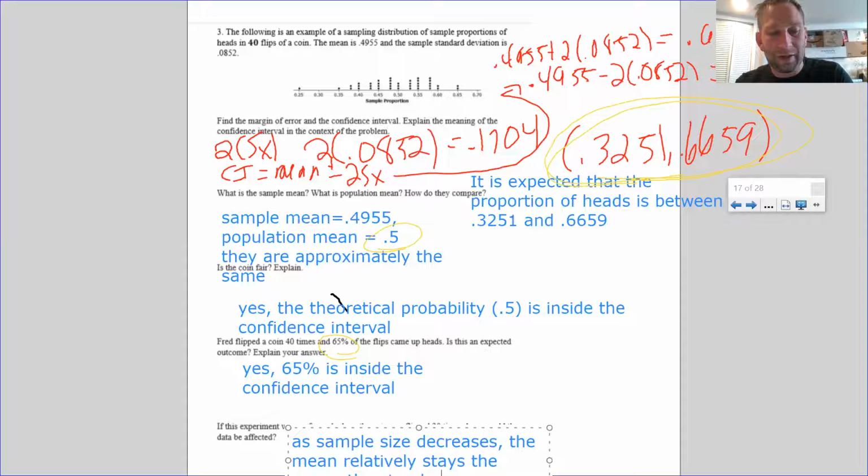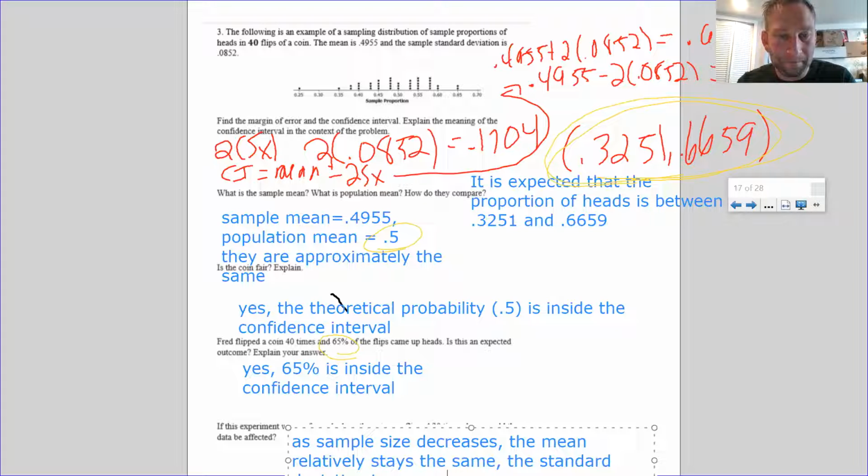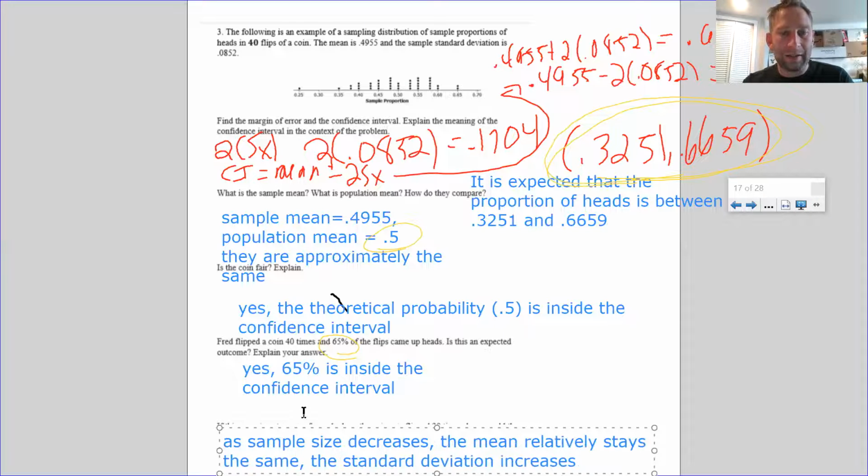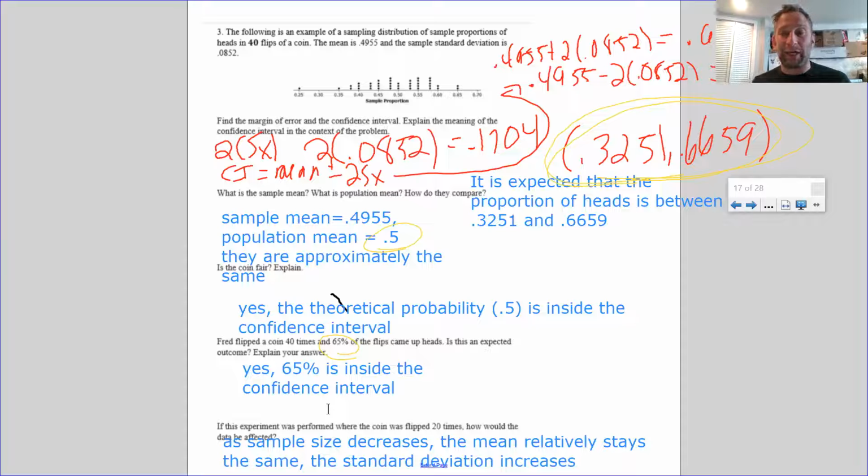The standard deviation increases. You want a larger sample. As you increase the sample size, the standard deviation gets smaller. All the data gets tighter together. When you have fewer samples, this data is spread out more.